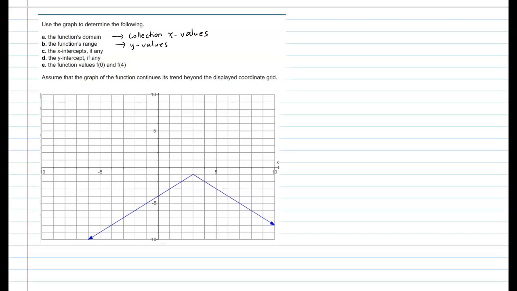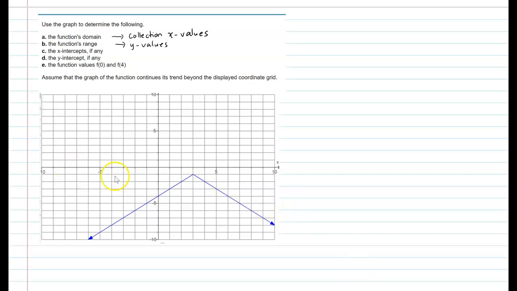Okay, so for the x values, you just look at the values for which there is a graph of the function. Notice here that your graph actually extends up to negative infinity. The arrow here means the line goes on to negative infinity and does not end. And similarly here, this part of the graph continues to go to negative infinity without end.